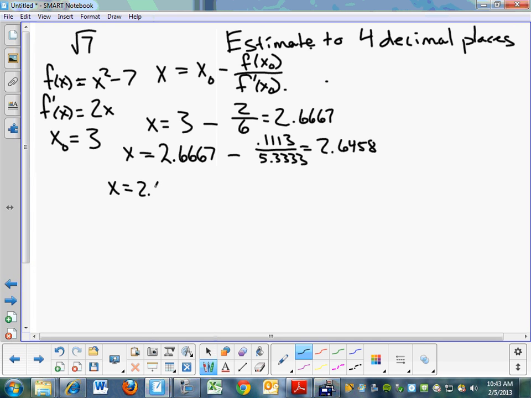So x is equal to 2.6458 minus... can somebody plug that in for me to the original one? So we got to square this and minus 7 from it.